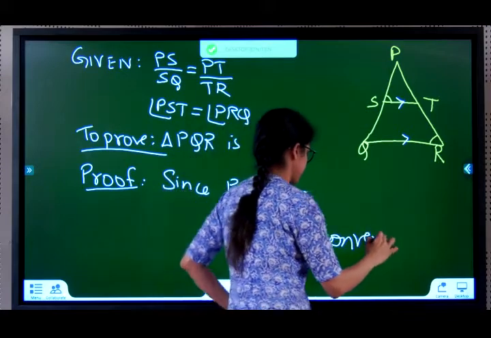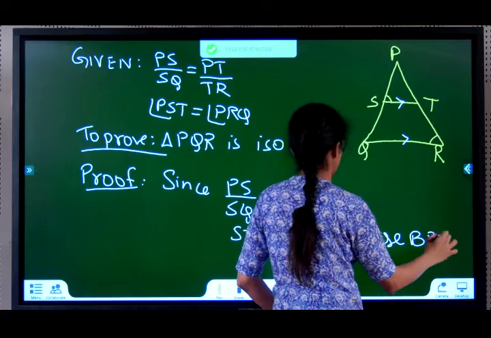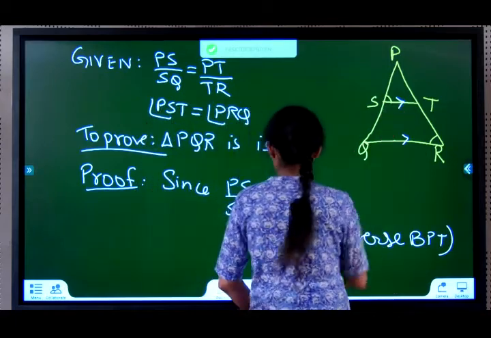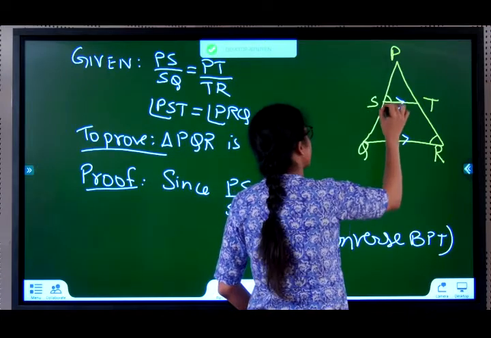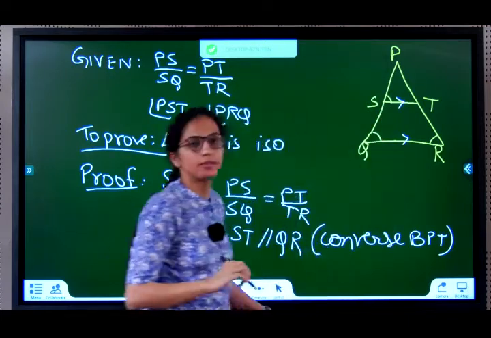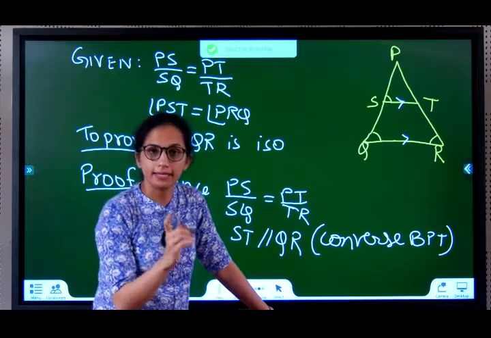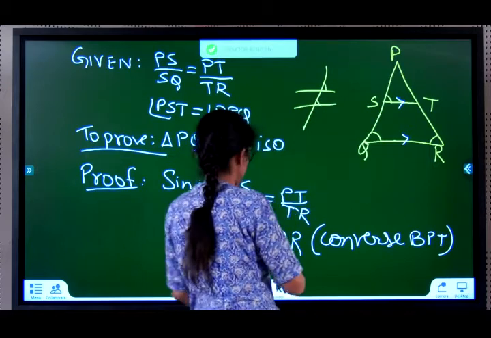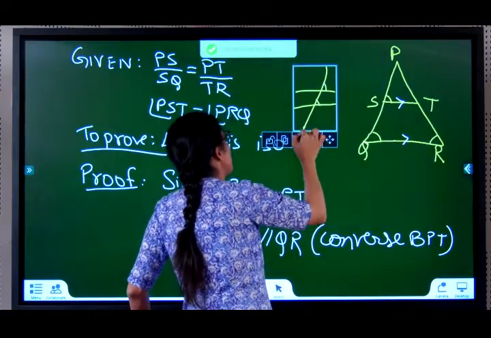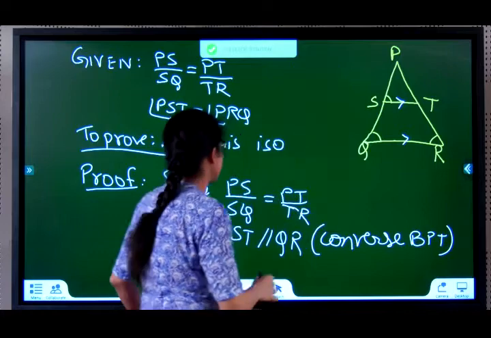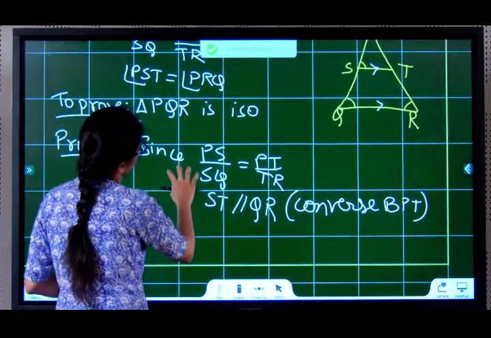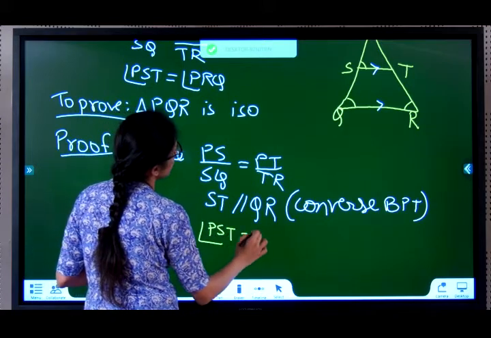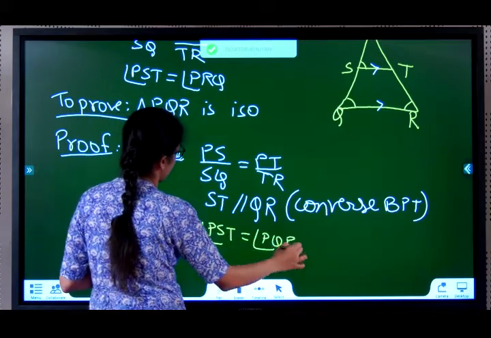Converse BPT. Now, ST is parallel to QR. Can I say this angle is equal to this angle? Why? Corresponding angles. If you have two parallel sides and this is a transversal, these two angles become equal. So, therefore, I can say angle PST is equal to angle PQR.